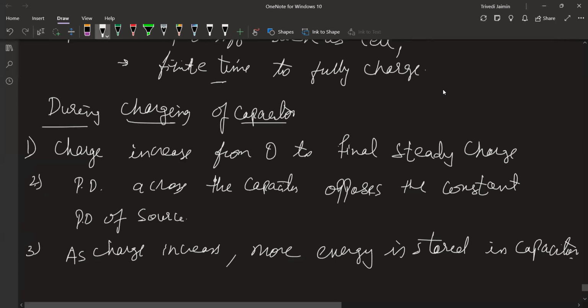These are some common points. As we increase the charge, it can store a larger amount of energy.